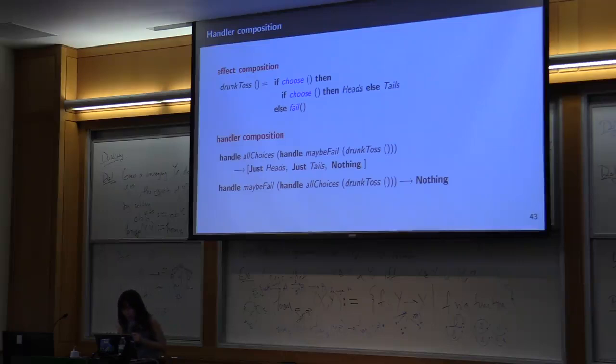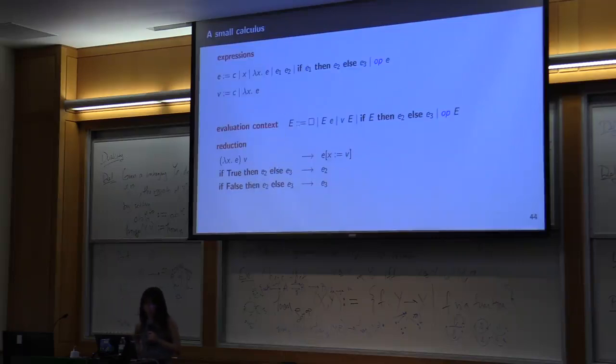Okay, so with that, now we can actually expand our previous definition of the calculus. This is the calculus we had before. Let's now try to expand it, now that we have handlers. The first thing we are going to do is add the syntax for handlers.